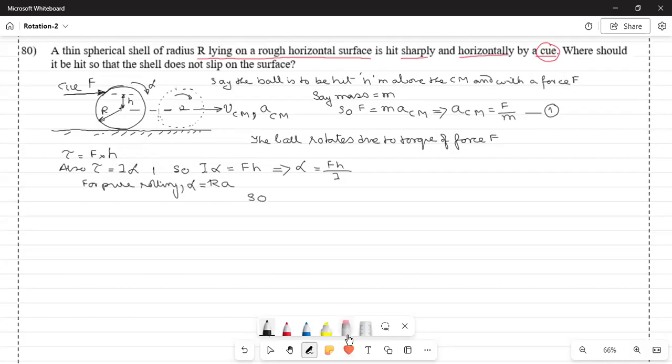Sorry, I have made a mistake here. This is not alpha equal to R a. It is a is equal to R alpha. That means linear acceleration is equal to radius multiplied by the angular acceleration. A we have already got, which is F by m. So F by m is equal to R into alpha, which we have got as F h by I.